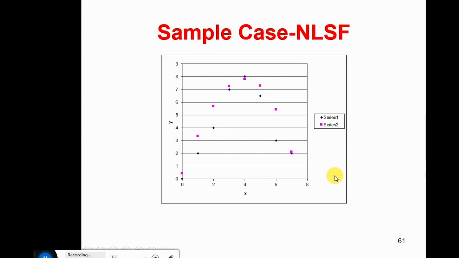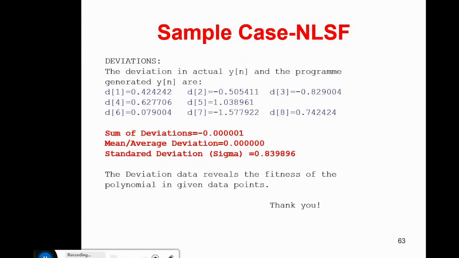And if you want to find interpolation, detailed interpolation, you can do it for a very quasi-continuous kind of precise value of x and corresponding y. And here, the sum of deviations is quite minor. Mean deviation is almost zero, and standard deviation is also quite good, 0.8.